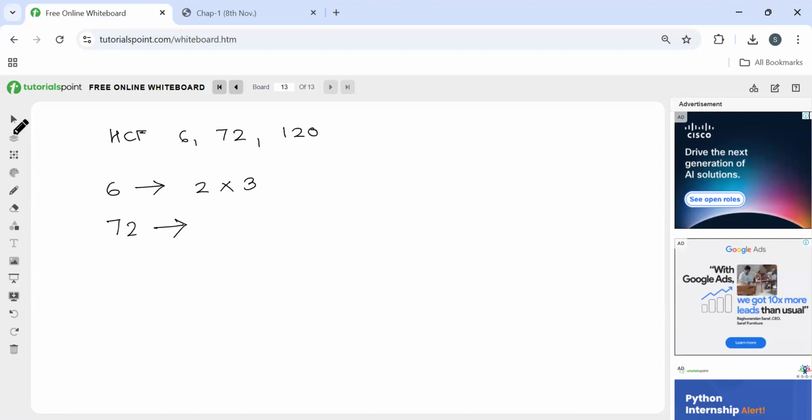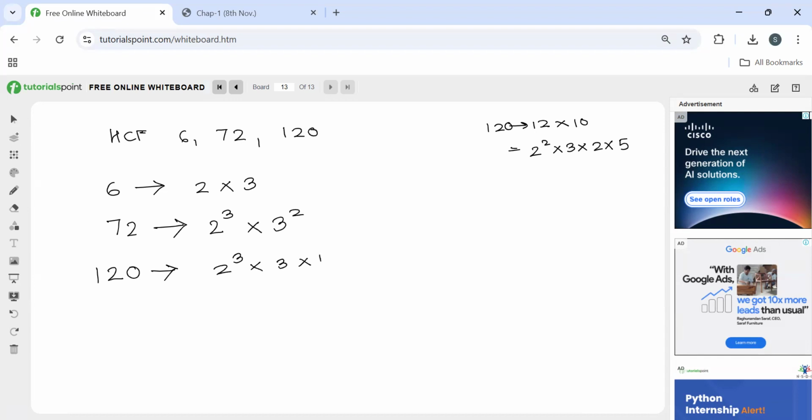Write 72 as a product of prime factors. If you prime factorize 72, you will get 2 cube into 3 square. And if you prime factorize 120, 120 can be written as 12 into 10, which is equal to 2 square into 3 into 2 into 5, which will be equal to 2 cube into 3 into 5.